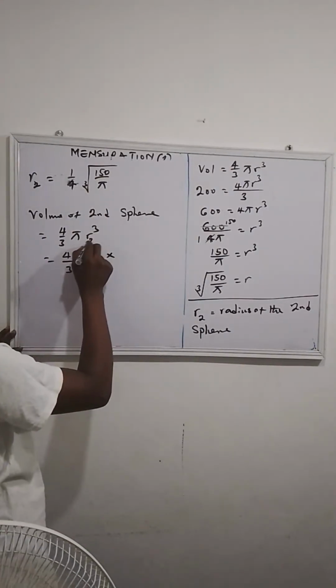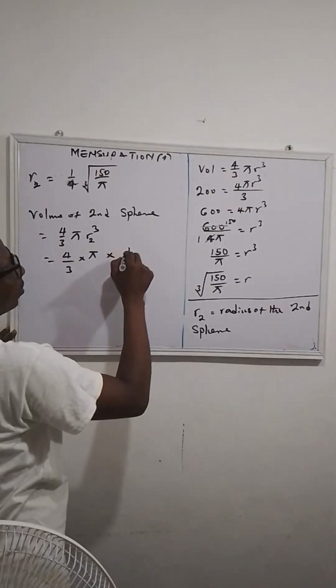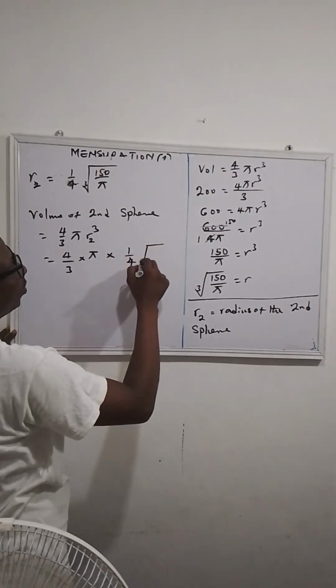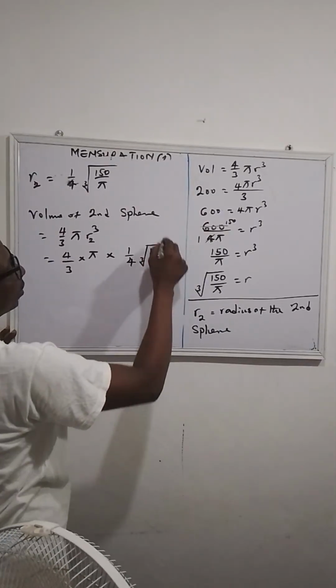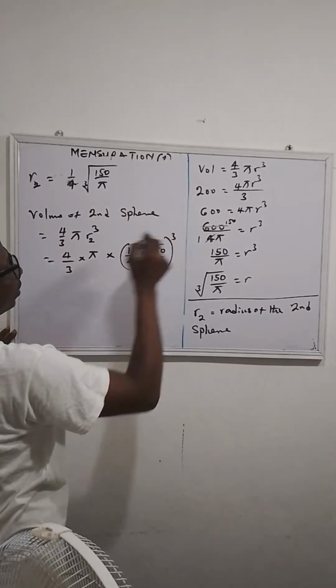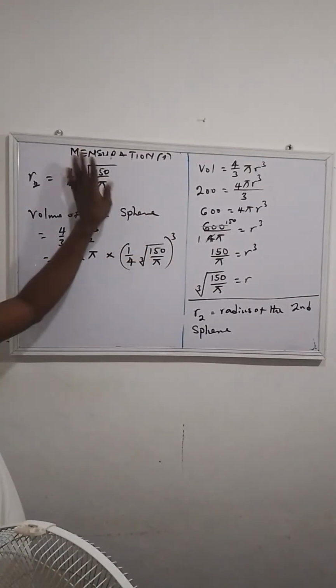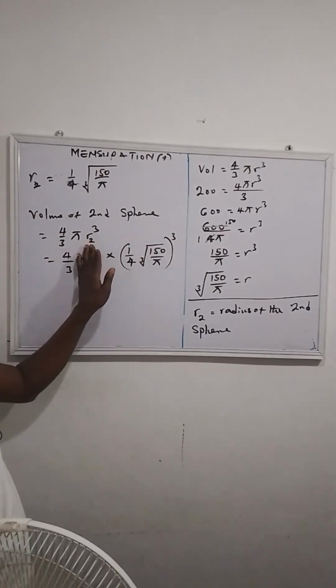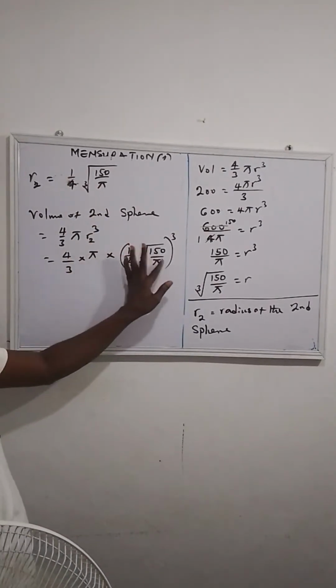This one should be R2. You get it now? So R2 is 1/4 cube root of 150/pi, and everything is raised to the power of 3. Do you understand now? We have just replaced R2 with what we have here. Can you see that now? So we plug in the value of R2.